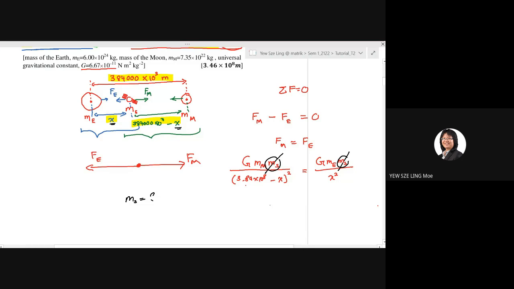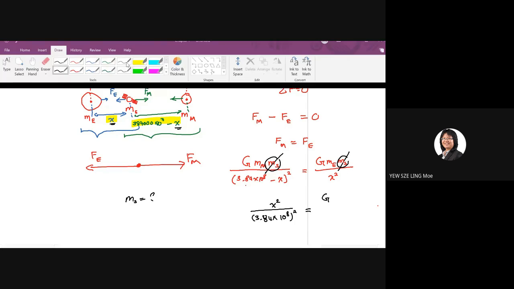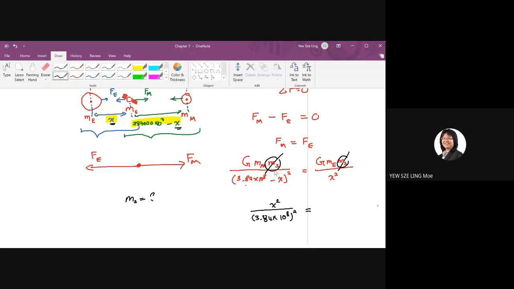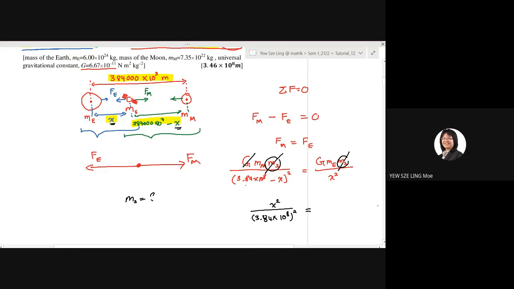Eventually you will obtain x squared over 3.84 times 10 to the power of 8 squared equals to, oh, G, you can also cancel it out because now you have it on both sides. So G, cancel it out. So on the right hand side, now you have Me over Mm.